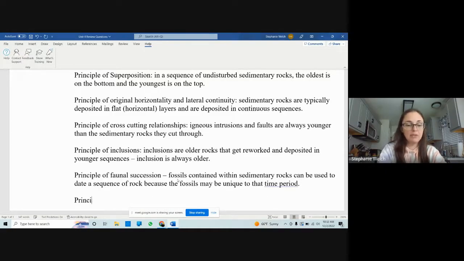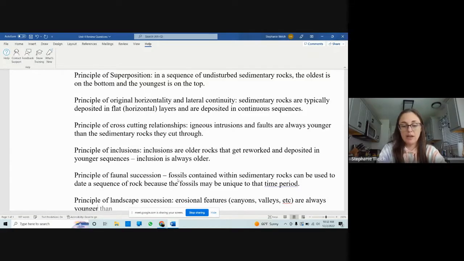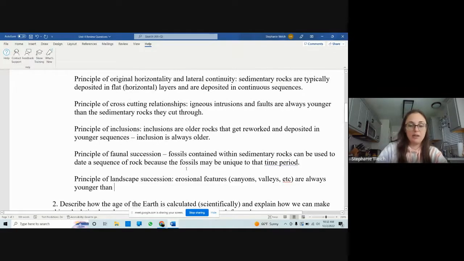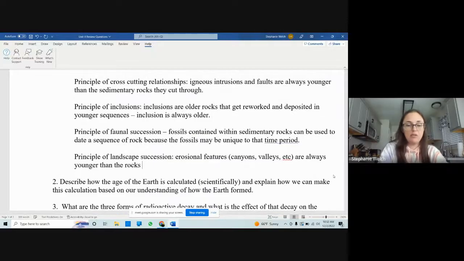And finally, principle of landscape succession. Erosional features, so these can be canyons, valleys, are always younger than the rocks they erode.